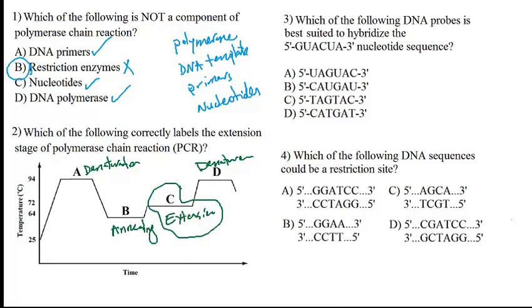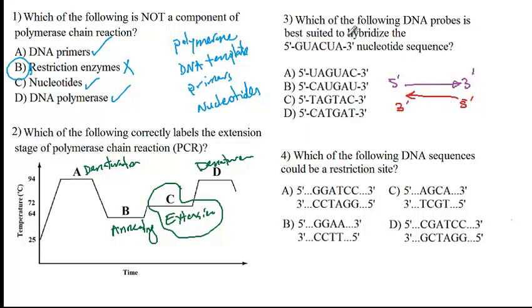All right, next question. Which of the following DNA probes is best suited to hybridize this nucleotide sequence? So here we have a 5' to 3'. In order to hybridize, we need, let me show it with a different color, a probe that is 5' to 3' in the opposite direction.